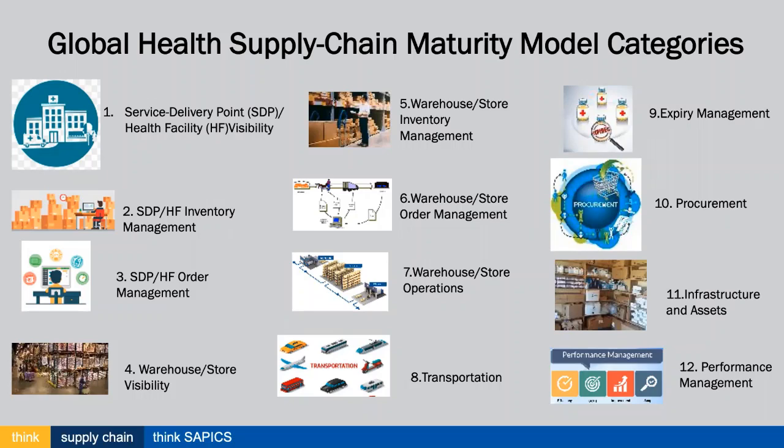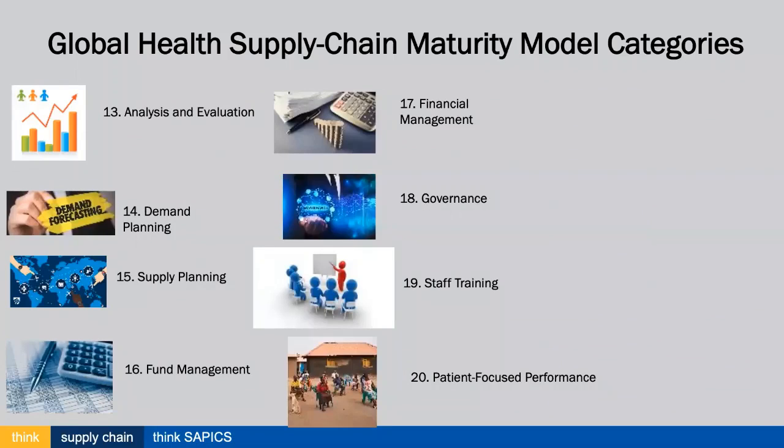We look at inventory management, order management, store visibility, store inventory management, store order management, the store operations, transportation, expiry management, procurement, infrastructure and assets, performance management, analysis and evaluation, demand planning, supply planning, fund management, financial management, as well as governance, staff training, and patient-focused performance.